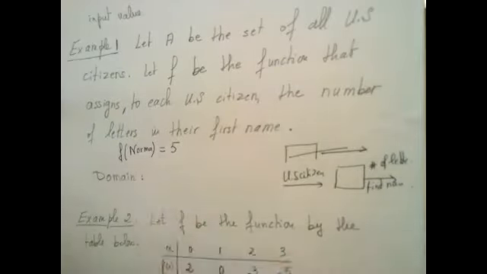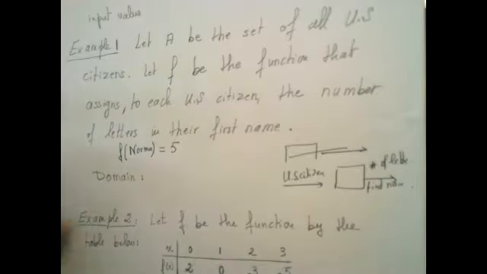So in this simple scenario, what is the domain of this function? What are the inputs? Are they numbers? Are they humans? What are the inputs in this particular problem?